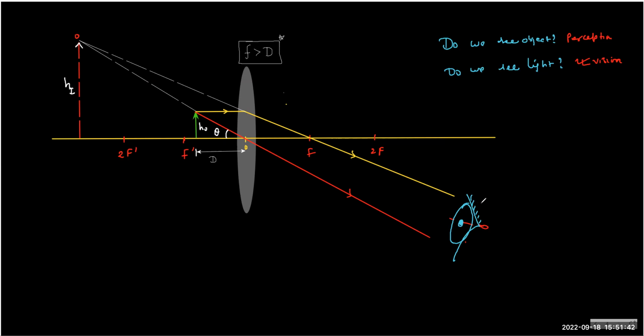Now, the human eye is not looking at this object, although the object is quite close to the lens. Okay, this is of course not d. Let me remove this. I should not have written this here. That was the idea. So f must be more than d.